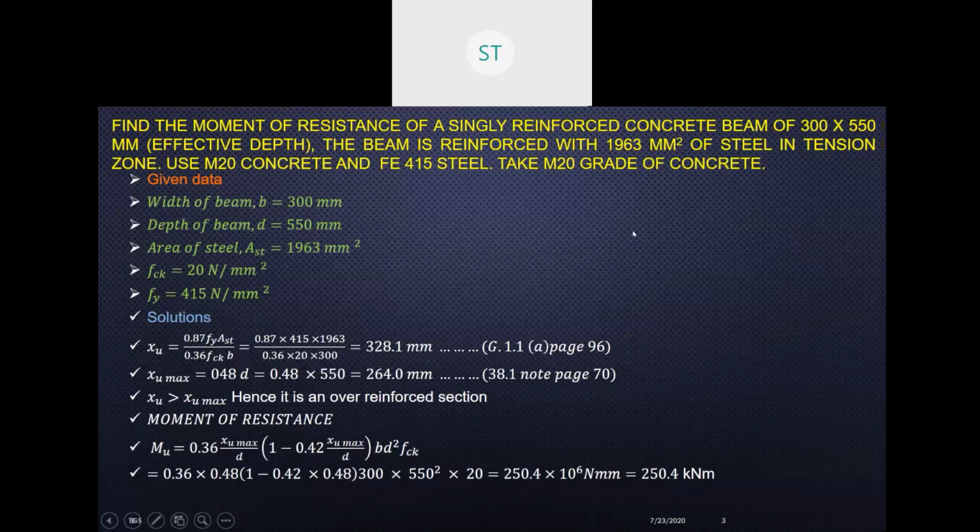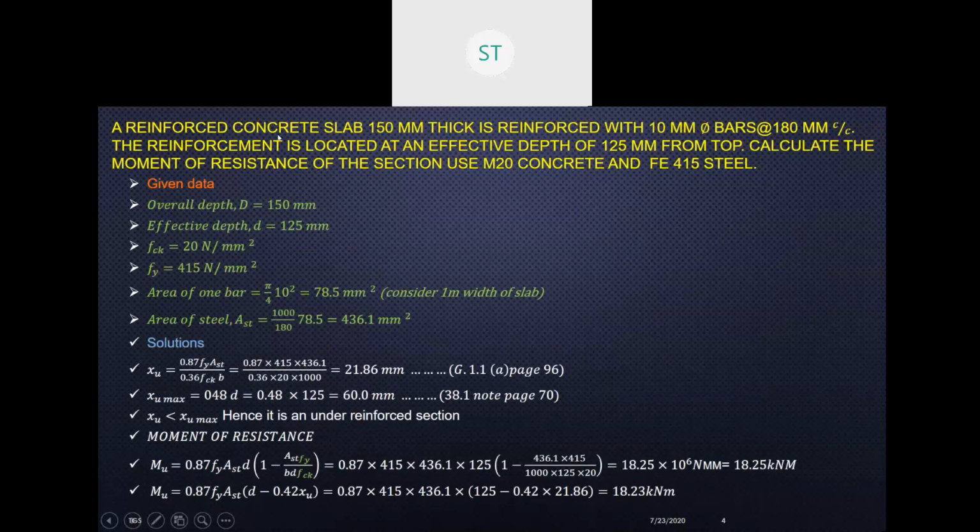The next problem is a reinforced concrete slab 150 millimeter thick. This is a slab, 150 millimeter thick. A reinforced slab, thickness of the slab, overall depth is 150 millimeter.